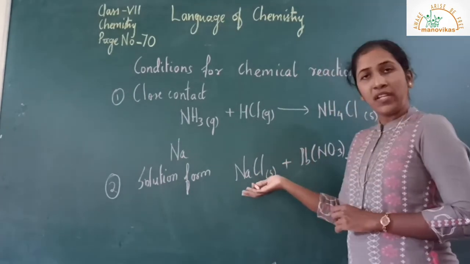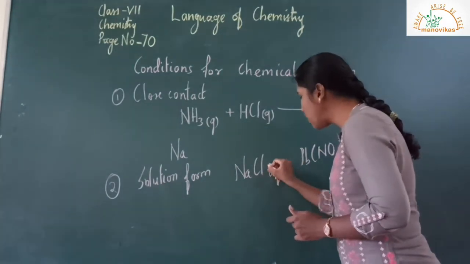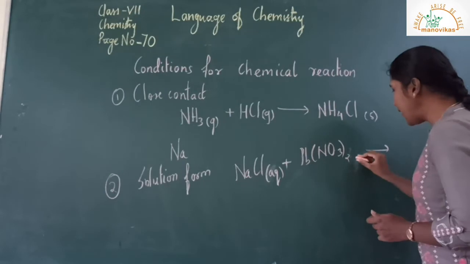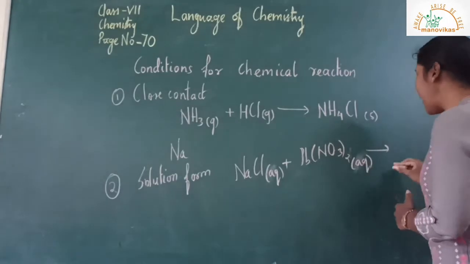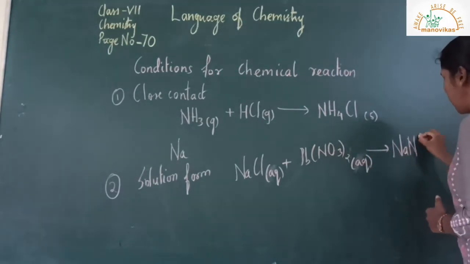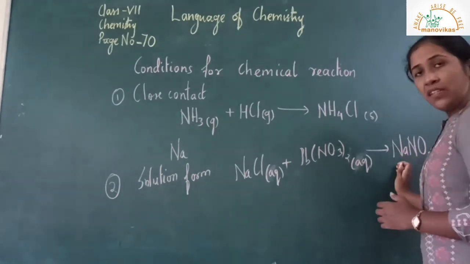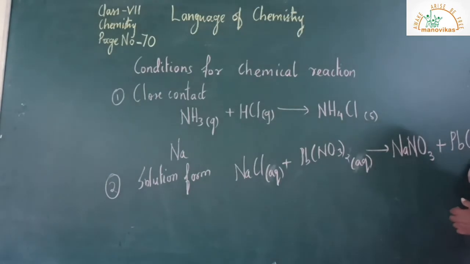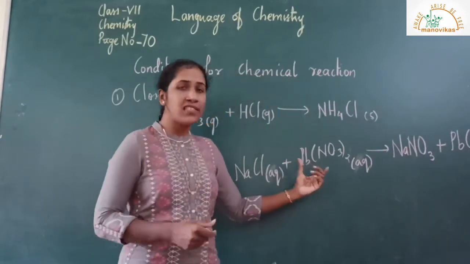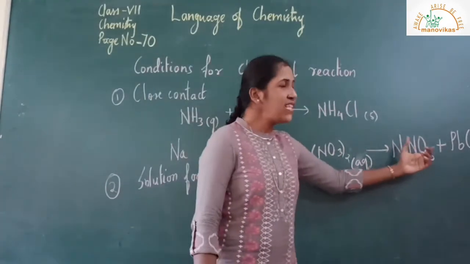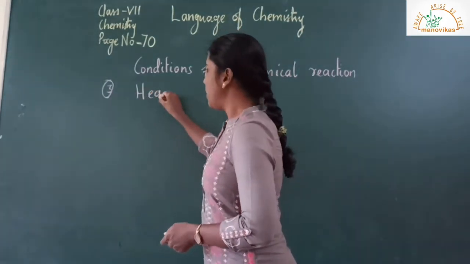But if I add water to the same sodium chloride and make it an aqueous form, then the reaction will take place, and what you will get is sodium nitrate and lead chloride. So once these reactants are in the solution form, only then can the reaction take place.